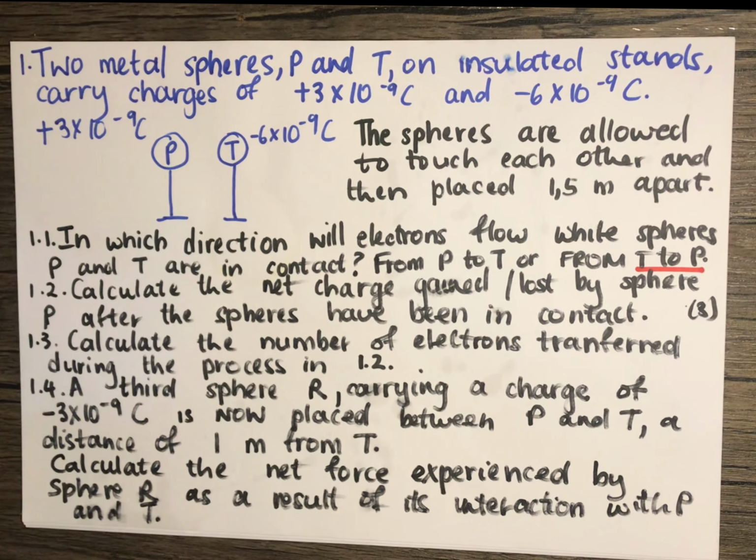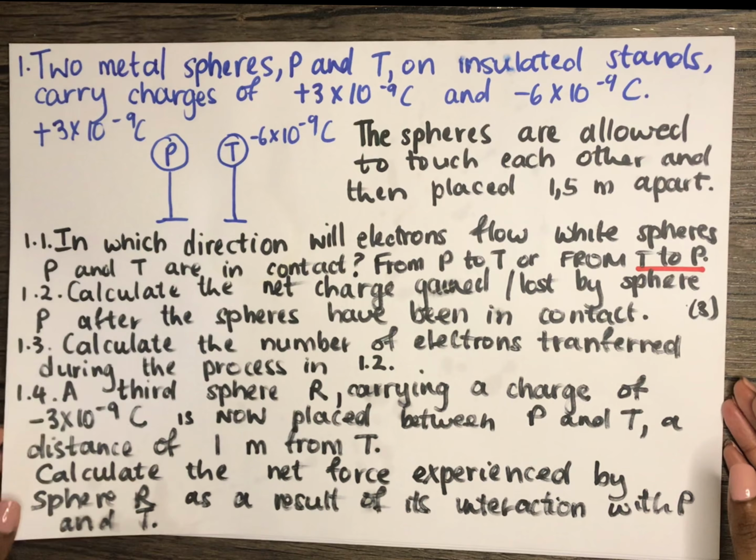Then the next question says, calculate the net charge gained or lost by sphere P after the spheres have been in contact, right? So the charge gained or lost, not the charge after contact.